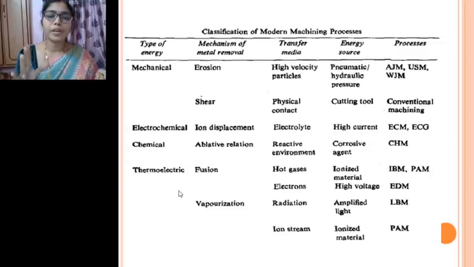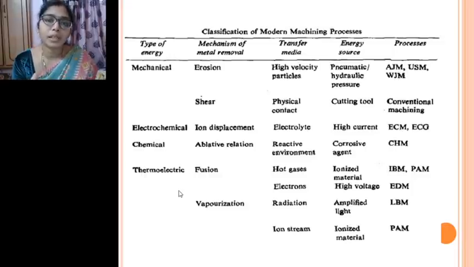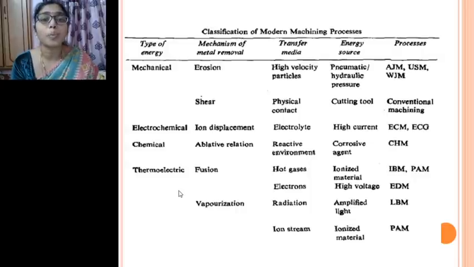Now, when such tools get blunt, or if you want to produce those kinds of tools, how do you produce them? So to machine hard materials and high strength materials, unconventional machining comes into the picture.